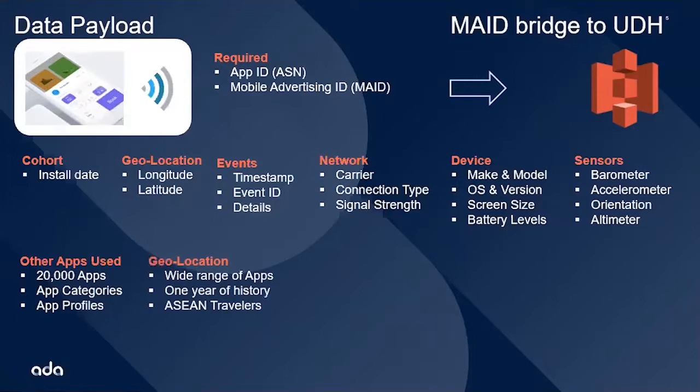Geolocation. So again, we are collecting, as seen just above it, the location of users as they are using the app. But when they are not using the app, again, we're tapping into this wide range of apps that are available in UDH, which a large quantity of them are providing data signals and location signals.